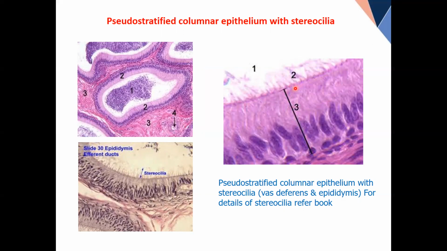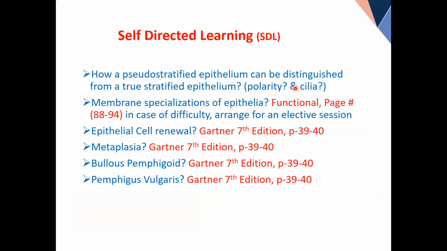Second, cilia, microvilli, and stereocilia are not associated with true stratified epithelium. The moment you see microvilli, cilia, or stereocilia with this confusing epithelium, be sure that it is pseudo-stratified epithelium. It cannot be stratified because stratified is not associated with these specializations. Okay, so by this we finish our.